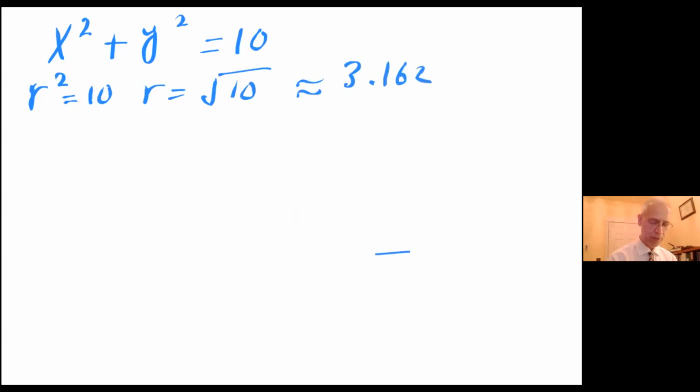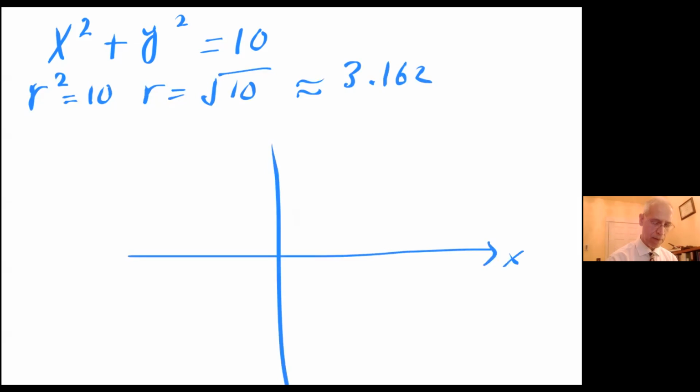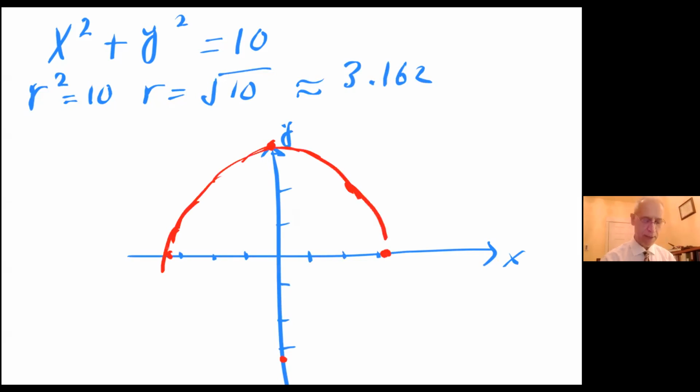So if I want to graph this one, 1, 2, 3 is here, negative 3 is in here, and 0.162 is just a little bit beyond 3, a little bit here, and here, and there you go. That's your circle. I apologize if my circles are not looking so good.